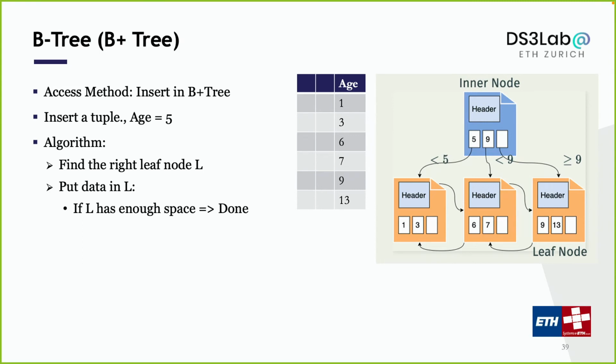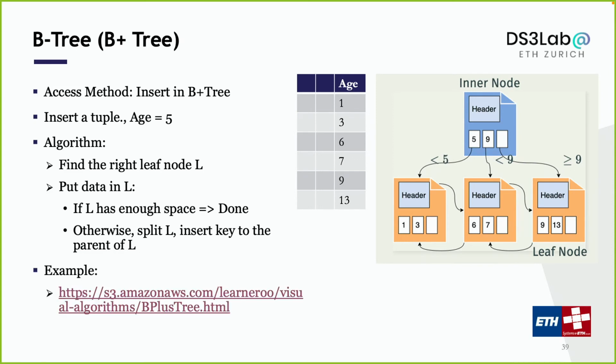What's a little bit more complex is when L is full. Then you try to split L, and you have two different leaf nodes. You insert an additional key separating these two leaf nodes into the parent of L, and you continue to do this recursively until you do not need to split anymore.